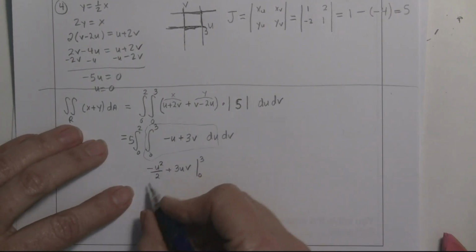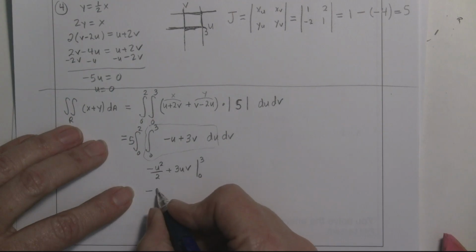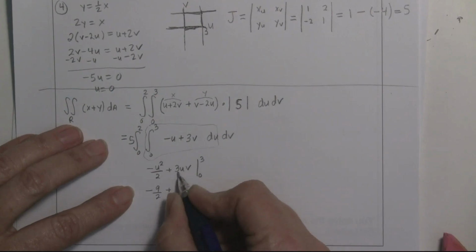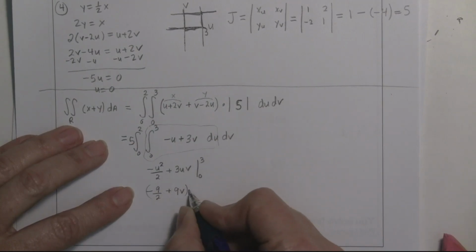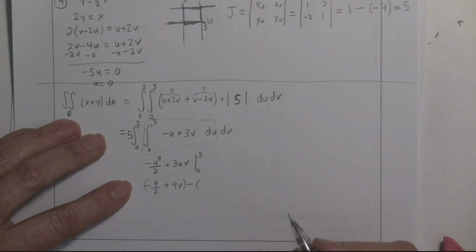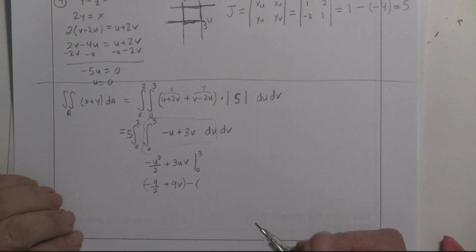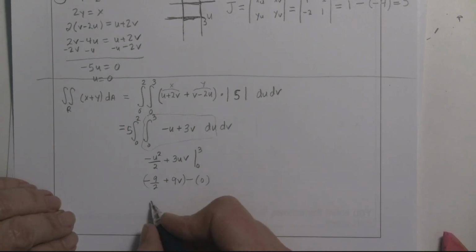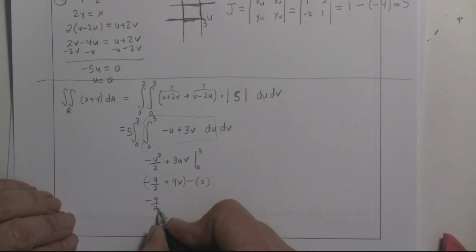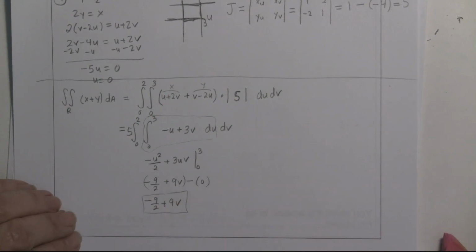So when I put in 3, I'm going to get negative 9 over 2 plus 3 times 3 is 9v, minus, and then putting in 0 for u, I'm going to get 0. So it's just negative 9 halves plus 9v that's going to go in that box.